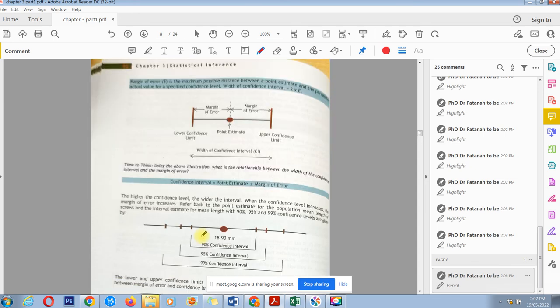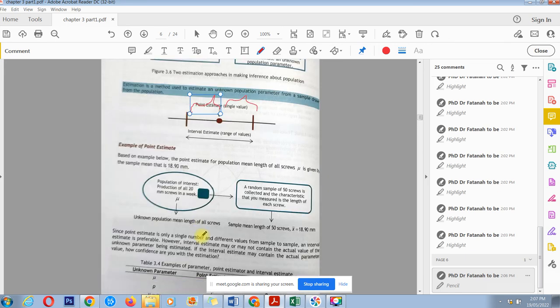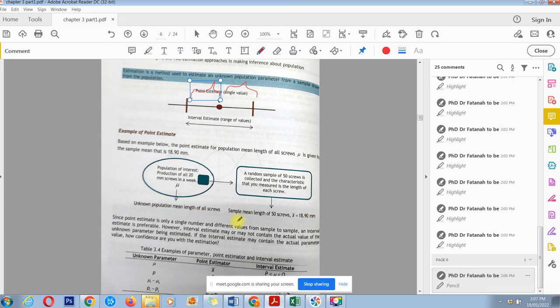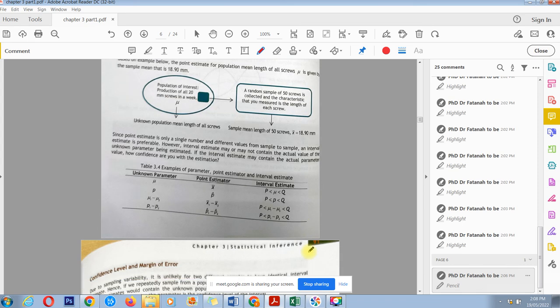Okay, so there is an example of point estimation here. We have an unknown parameter, point estimation, and interval estimation. If we have an unknown mean as the parameter, then for the estimation we put a bar on the mean.